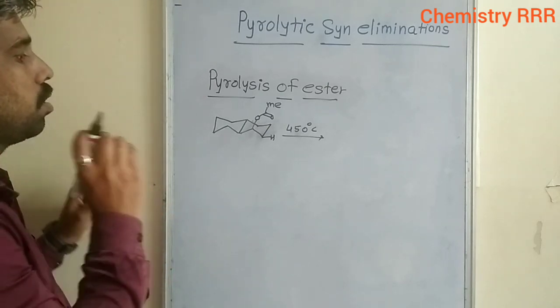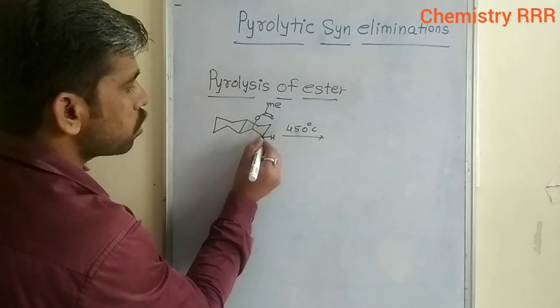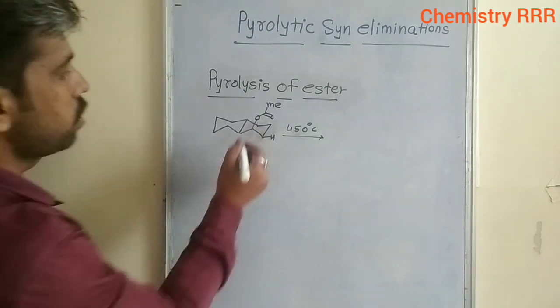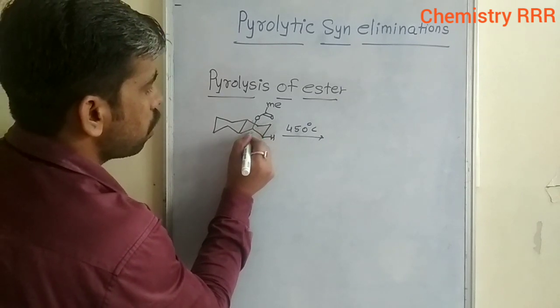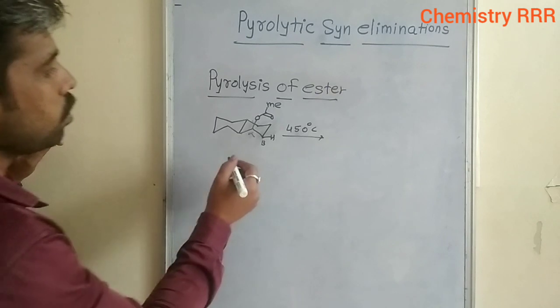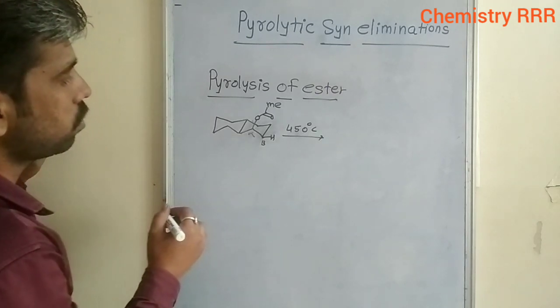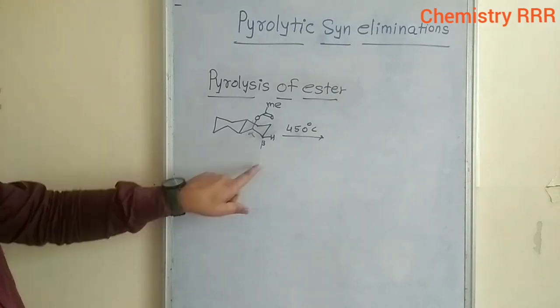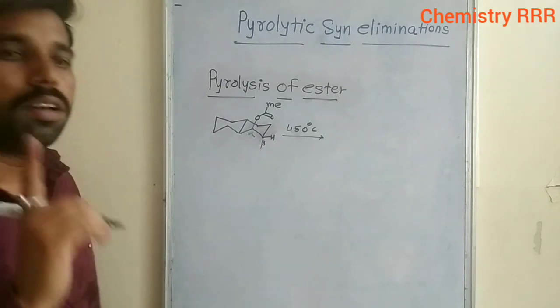The first condition is there must be at least one hydrogen at the beta position. This is the alpha position, this is the beta position. There must be one hydrogen at the beta position.